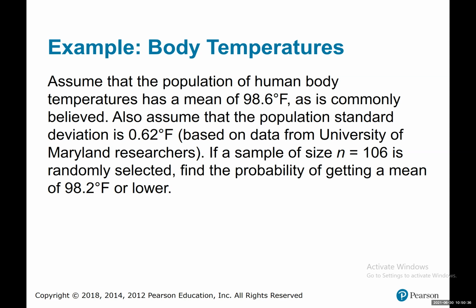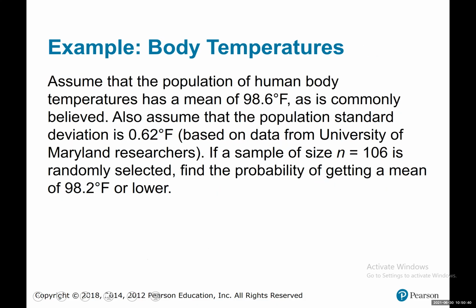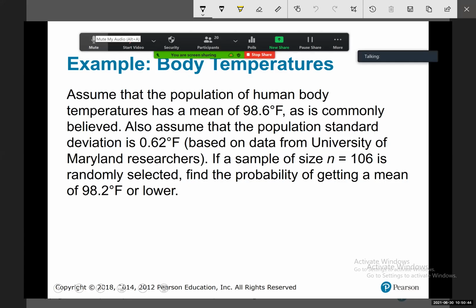Okay, so now let's assume that the population of body temperature has a mean of 98.6. Regardless of whether you're randomly selecting one or more, mu is 98.6, as is commonly believed.